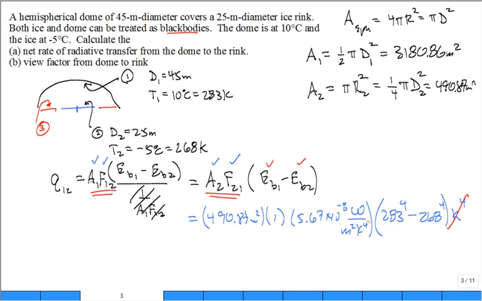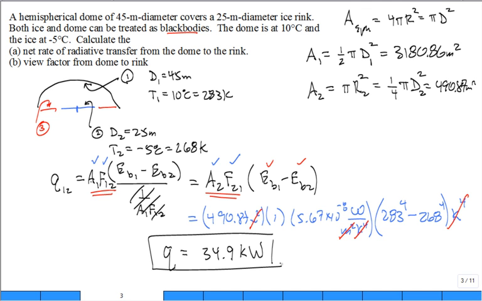I cancel the Kelvin to the 4th, I cancel the meter squared, and we calculate Q, the net rate of radiative transfer from the dome to the rink, is 34.9 kilowatts. That's the answer to part A.